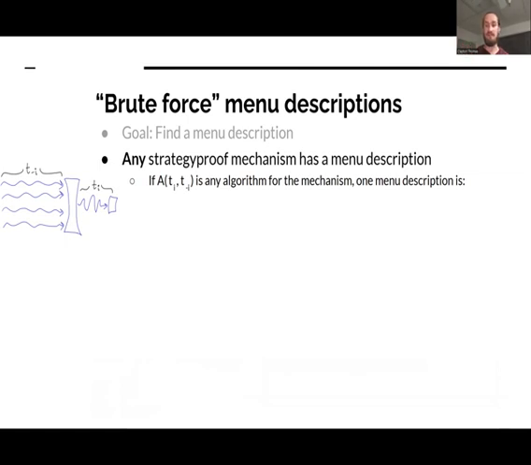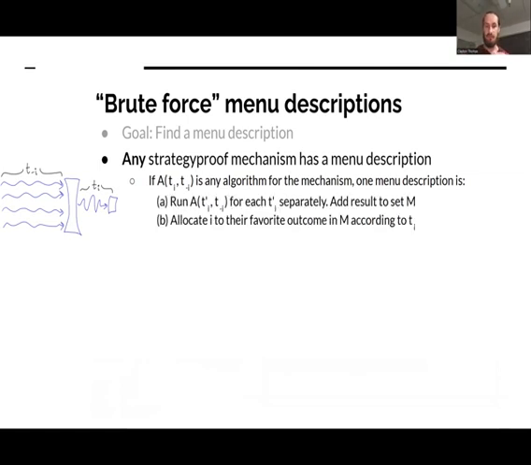For example, just take any algorithm for calculating the matching itself, calculating the mechanism. One menu description just says, look at all of the possible TI primes in the entire universe separately, run A on TI prime, T minus I, add the result to some set M, and B, allocate I to their favorite outcome in M according to their reported type TI.